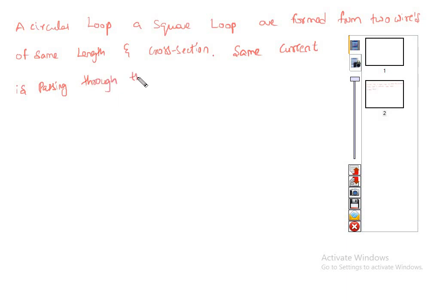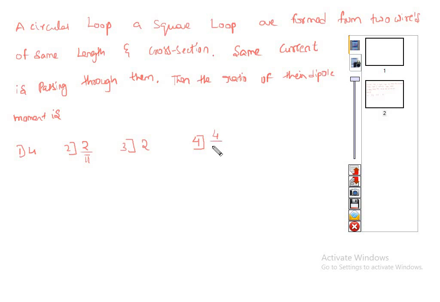Then the ratio of their dipole moments is: first option 4, second option 2 by pi, third option 2, and the fourth option is 4 by pi. So I hope it is clear.